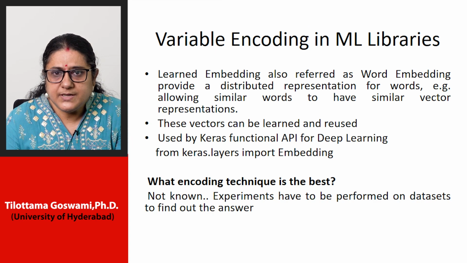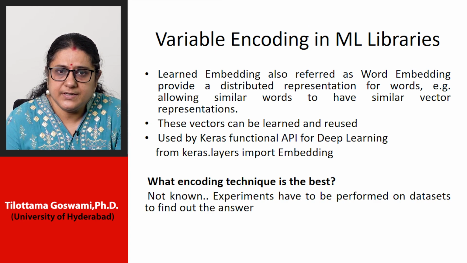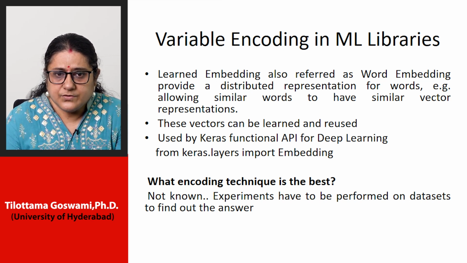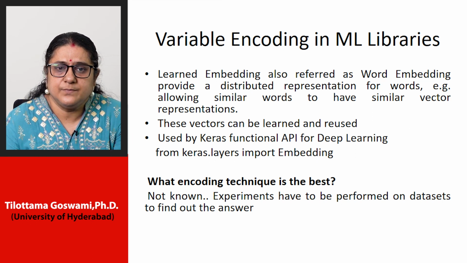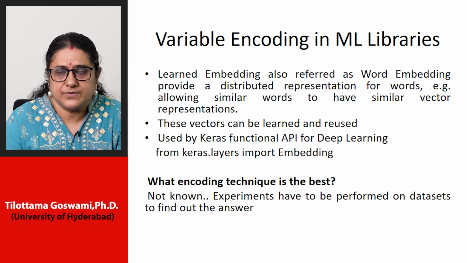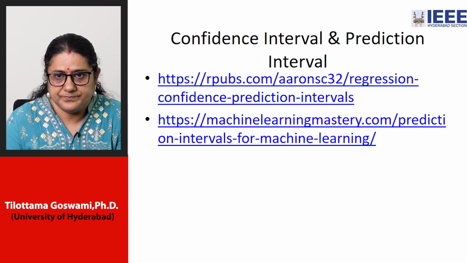The learned embedding, also referred to as word embedding, provides a distributed representation of words in terms of vectors. It is used with the Keras functional API for deep learning, where from the Keras layers package you have to import the embedding. What type of encoding is best is not known; you have to perform it on different data sets to find out the answer.